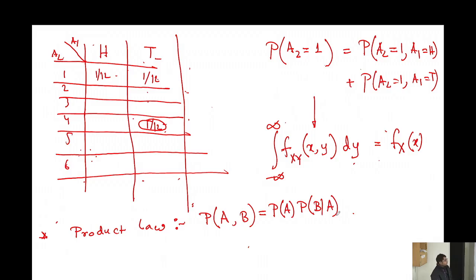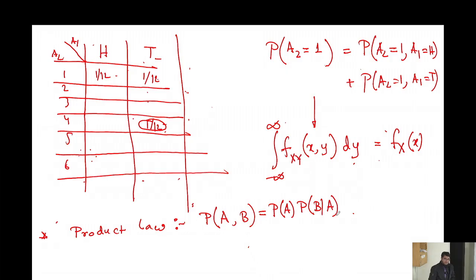Okay. And one more I will tell. When you condition on something, that means that thing has already occurred, which means for that instance it is deterministic. So for example, let's take A1 comma A2, right?